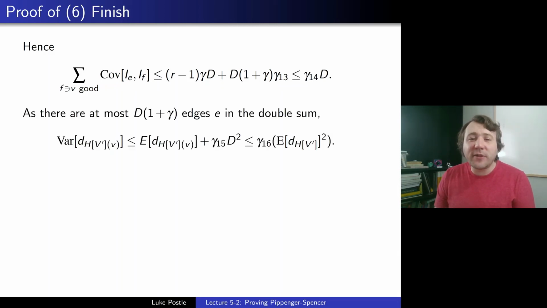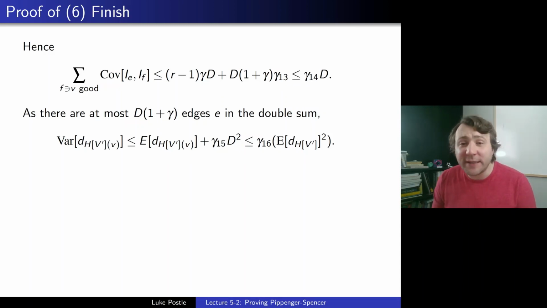And as there are at most d(1 plus gamma) edges E in this double sum, what do we end up with? Because again, V is regular, so it doesn't have too many edges E or too many edges F. We've used that above. We get that the variance is at most the expectation plus something like gamma 15 d squared. So that's at most, because we have this gamma 14 d from the good edge pairs, we also had a little bit from the bad edge pairs, if you remember.